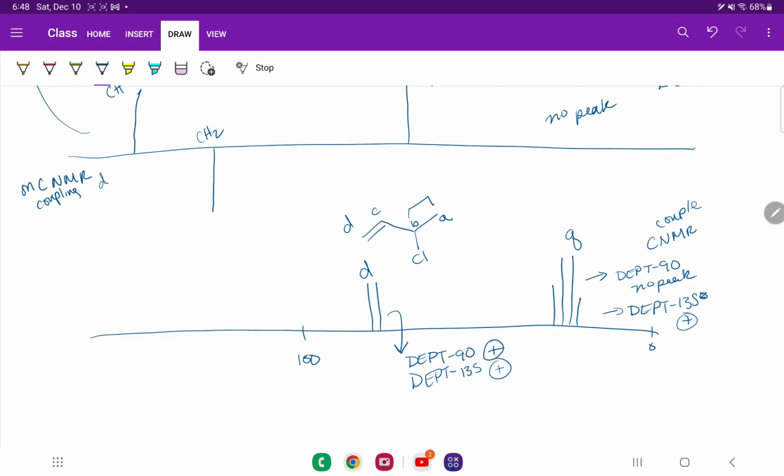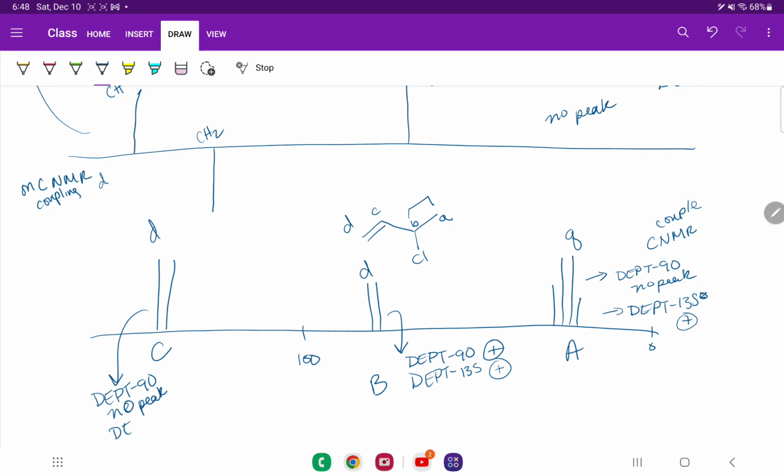So this is peak A, B. So C, I would expect that to have, because that has one hydrogen, that should also be a doublet. And it should be over 100. So it's a doublet, it's near the electronegative element, it has other carbons around it. On the DEPT 90, this would show up as no peak.